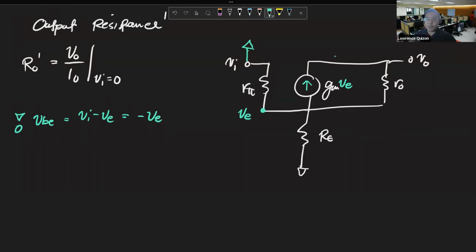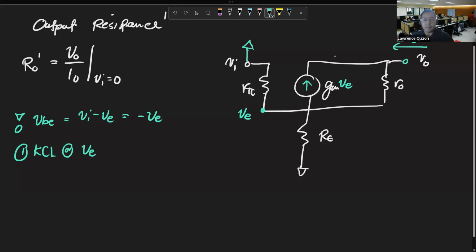And then, we're going to start with the calculation. So we have an I out coming in here, and a V out, and we want to get the ratio V out over I out. So that's what we'll do. First, let's KCL at E, the emitter.